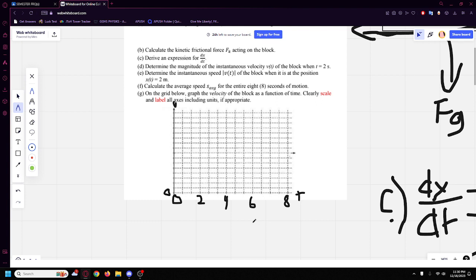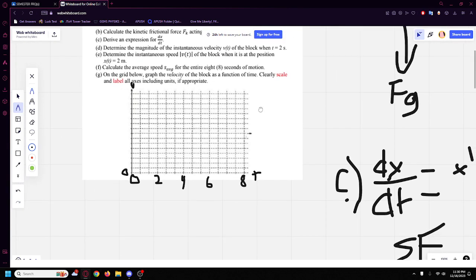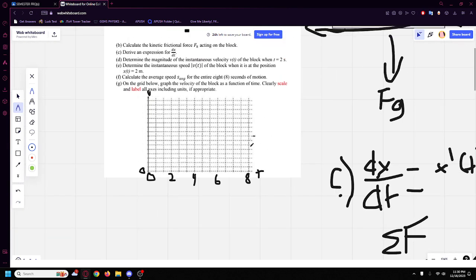You graph v of t on your calculator, which is 0.587 x cubed minus 1.96 x plus 4.